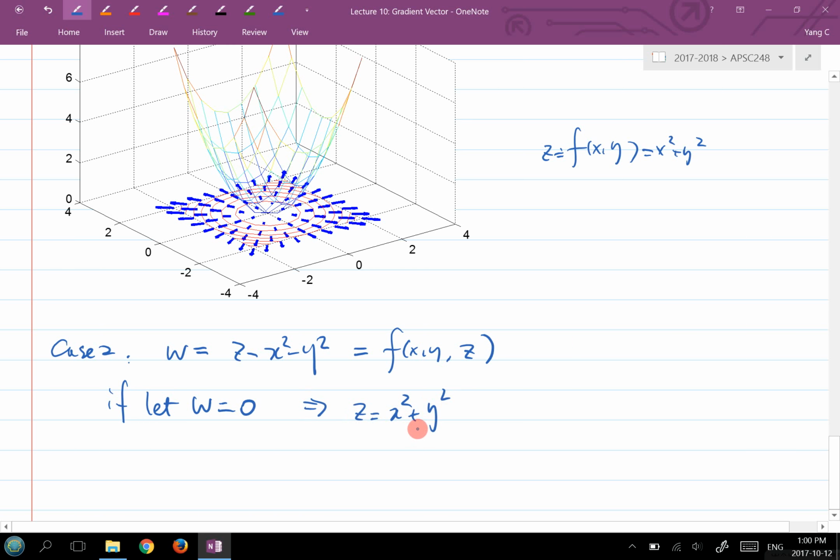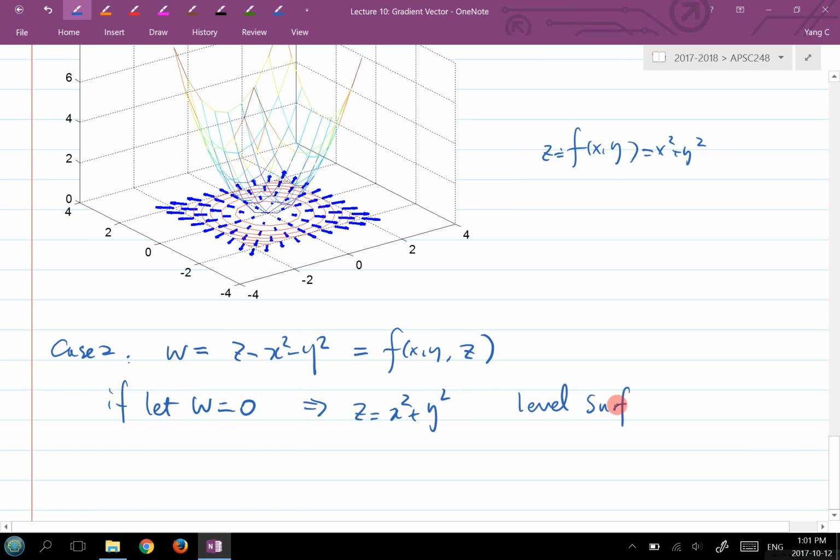Now if you recall, when we learned multivariable functions, if you're given a function of three variables like this, you can't sketch it in 3D like a function of two variables. But there's another way to visualize it, using the so-called level surface.